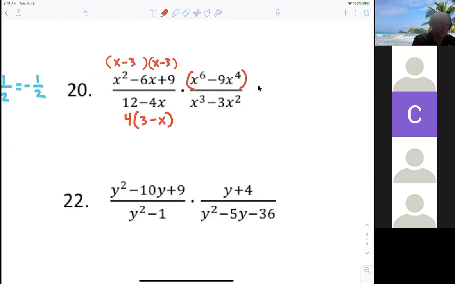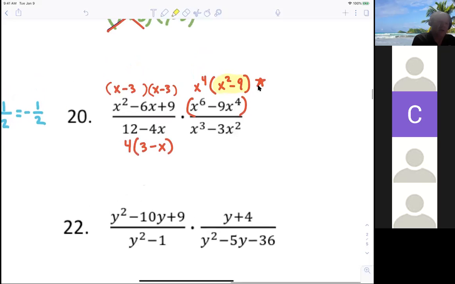This up here, there's a common x to the 4th, so that's x to the 4th times x squared minus 9. Please put a little star right here because x squared minus 9 can factor again. So this is really x to the 4th, x plus 3, x minus 3.